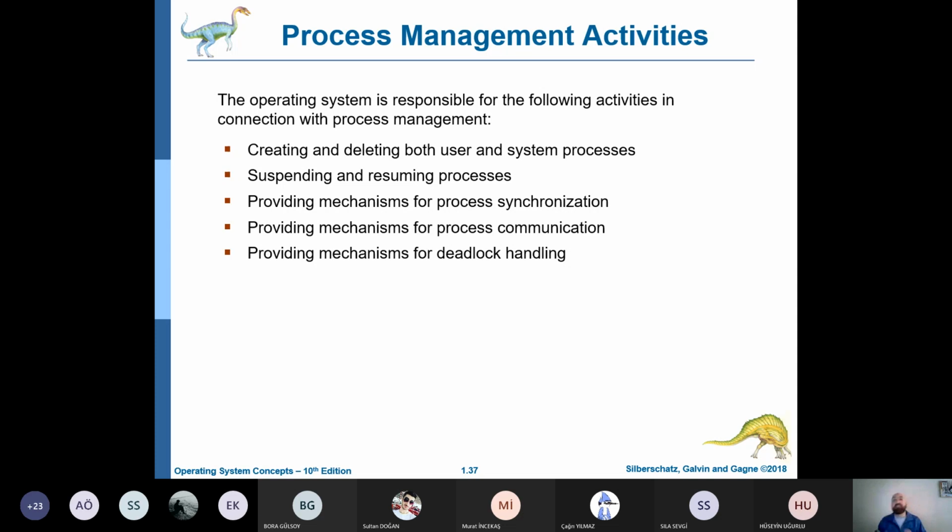So we are going to discuss these activities on process management techniques through chapter 3 to chapter 7. Actually, a huge amount of this course will be about process management. From chapter 3 to chapter 7, we are going to discuss different levels and different aspects of process management in operating systems.